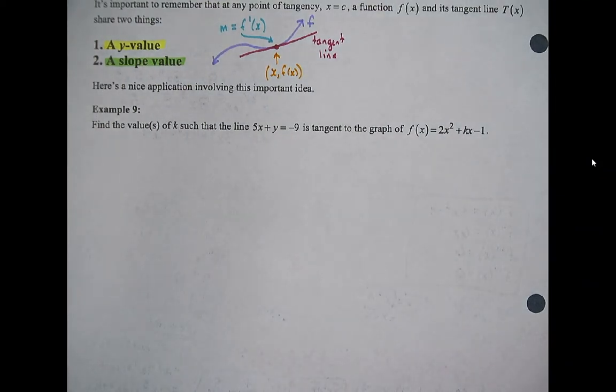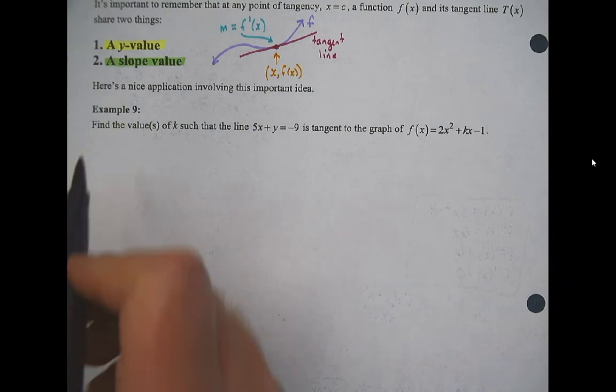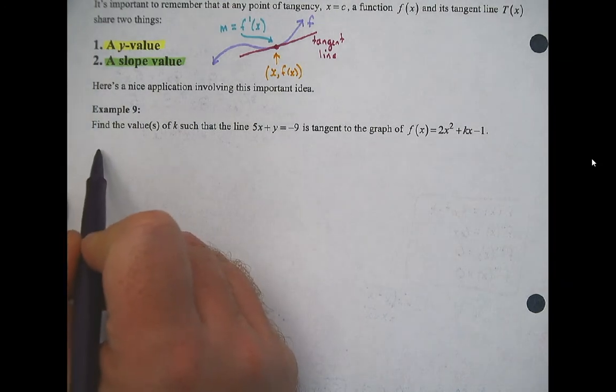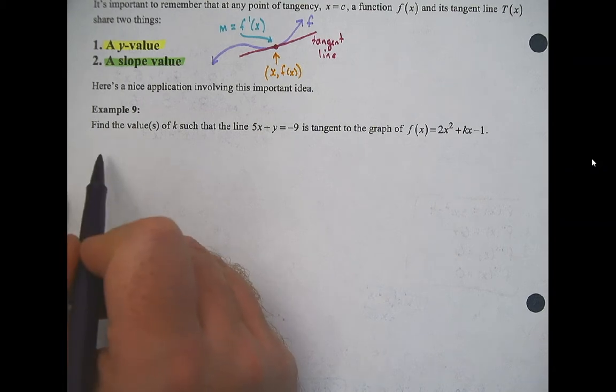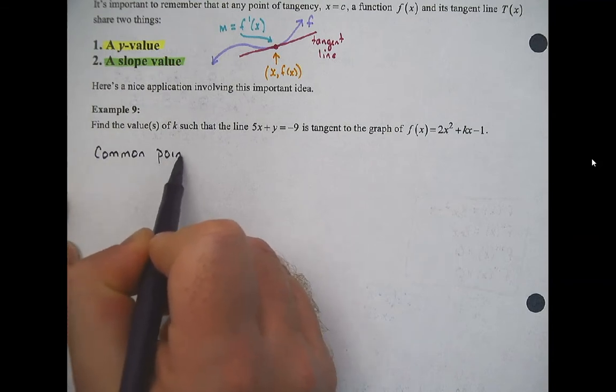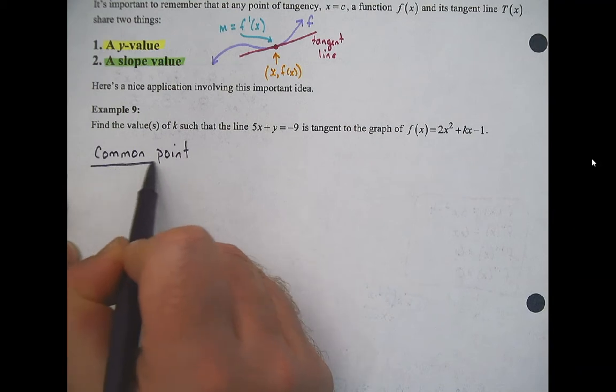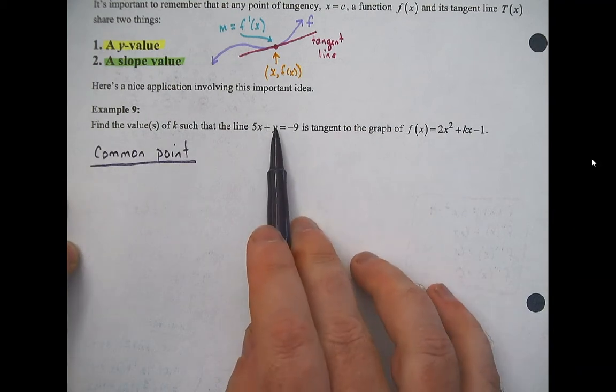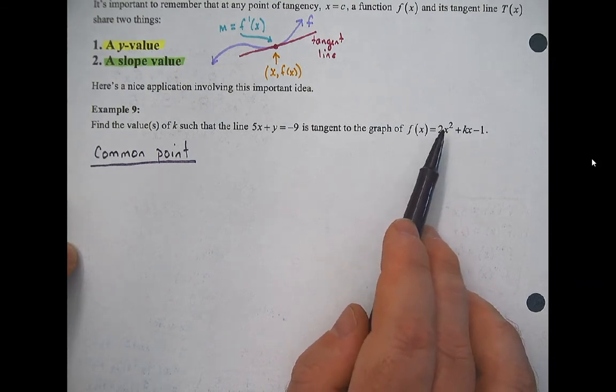Let's first try to figure out the point that they share. How about common point? What point do they have in common? How would I figure out where this function is at the exact same height as this function?